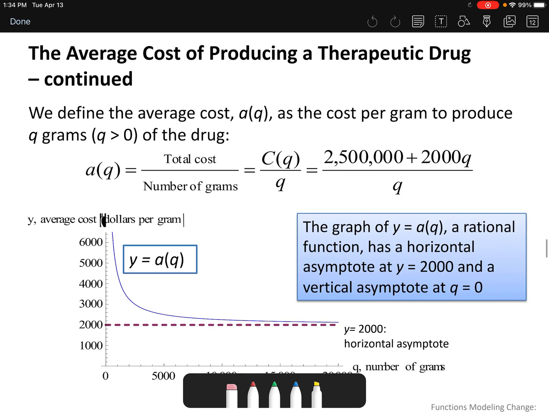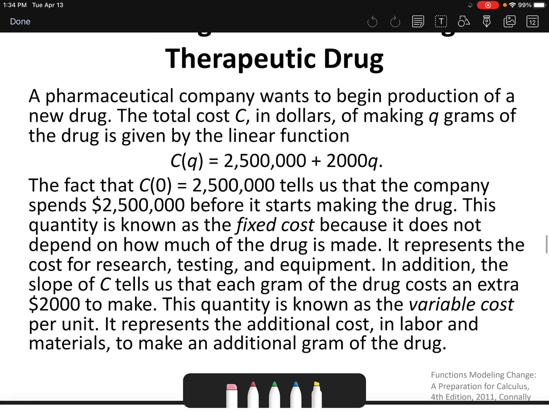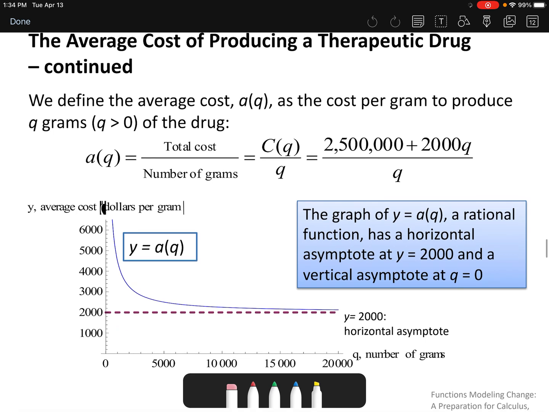But if we look at the average cost per gram to produce this, we would take the total cost, which is a linear function, 2.5 million plus 2,000 Q, and divide it by the number of grams produced. We'll just call it Q. If we do this, we've created what we call a rational function, which is a polynomial over a polynomial.